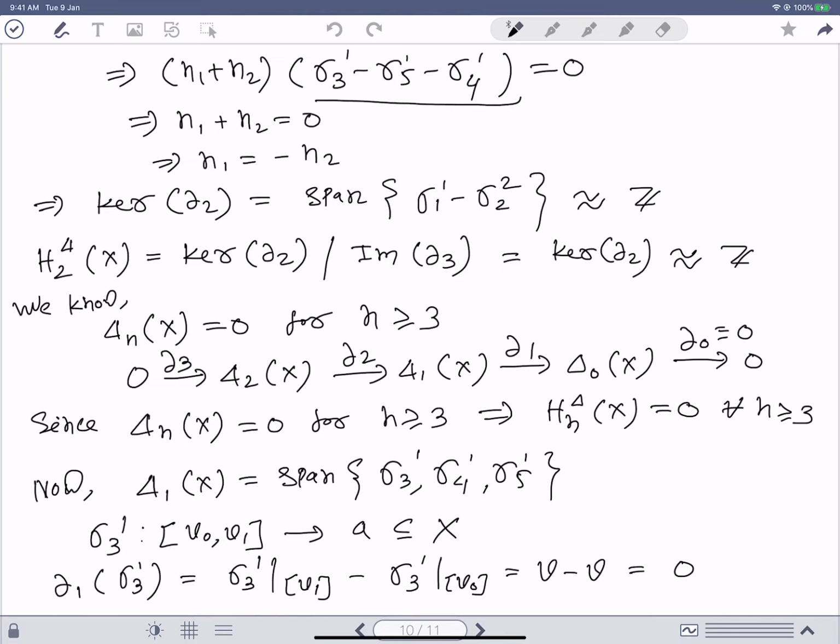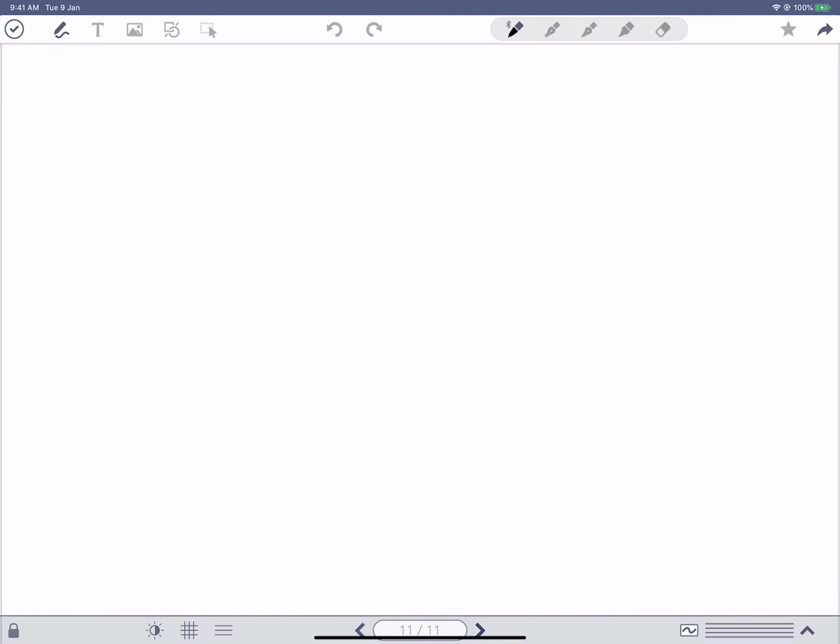Okay, and similarly delta 2 sigma 4 equal to 0, and delta 1 sigma 5 1 equal to 0.